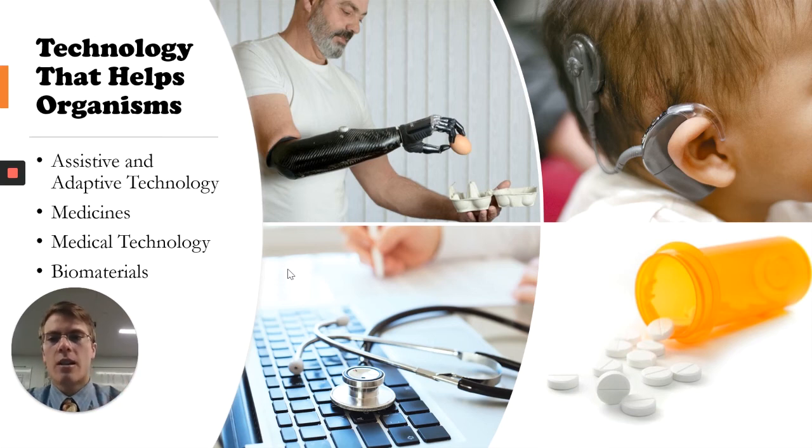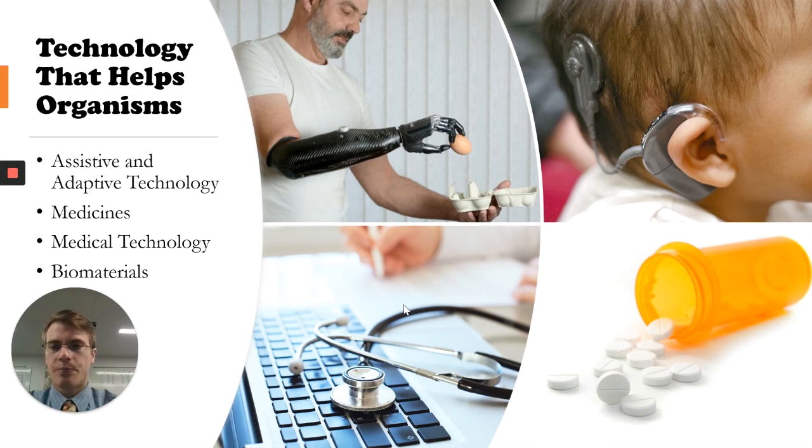It's going to assist humans or other organisms in helping them live functionally better. Medicines are things that help heal diseases, cure illness, or mitigate some of the harms of those illnesses.